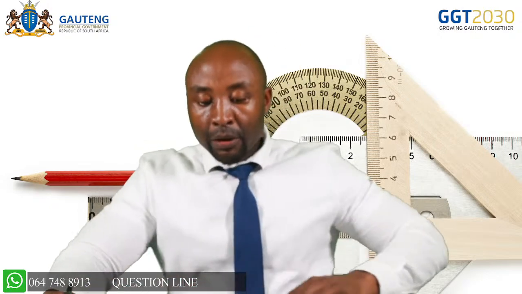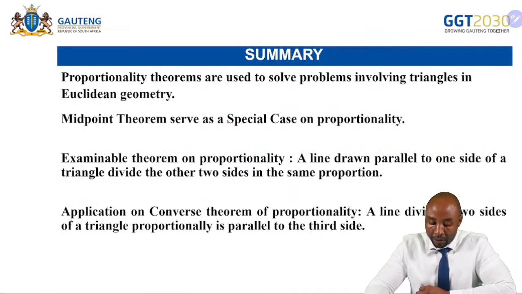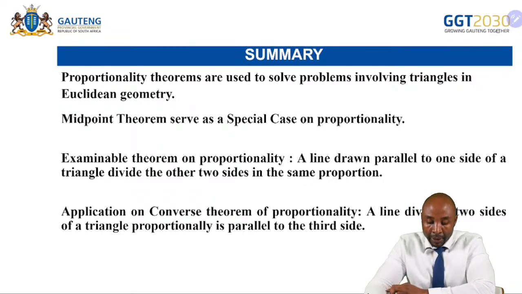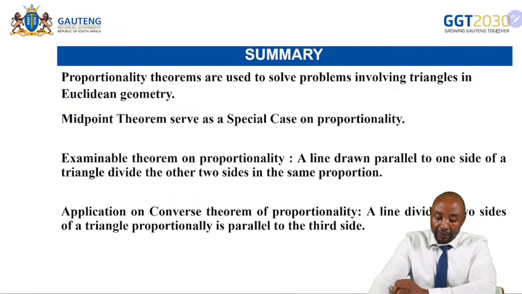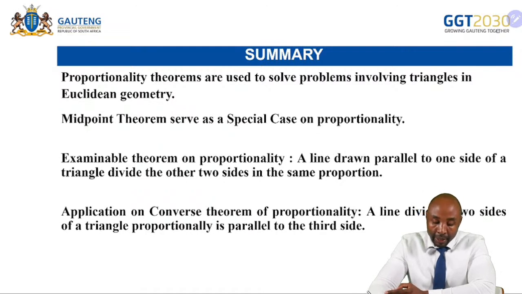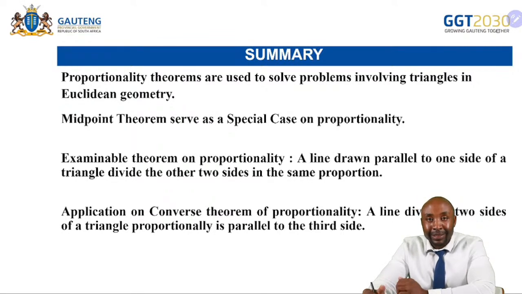Now, I hope this lesson helped you to use proportionality theorem to solve problems involving triangles in Euclidean geometry. The midpoint theorem, you have realized that it serves as a special case of proportionality theorem. And the examinable theorem on proportionality, we know that a line drawn parallel to one side of the triangle divides the other two sides in the same proportion.